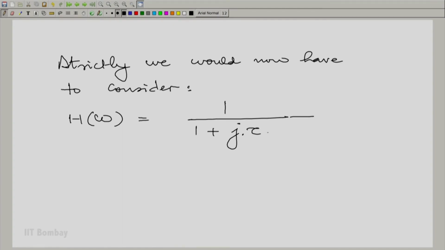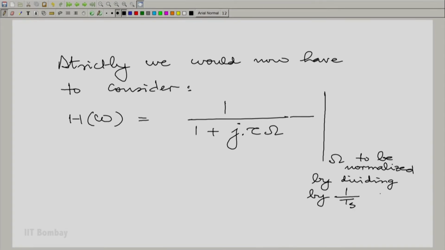Now, j tau capital omega, and capital omega has to be normalized. How do you normalize? You divide by the sampling frequency. That means you put small omega is equal to capital omega divided by 1 by Ts, which is capital omega multiplied by Ts.